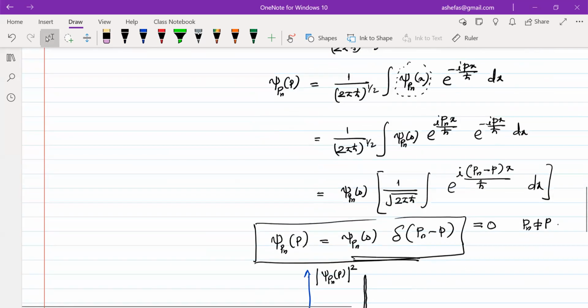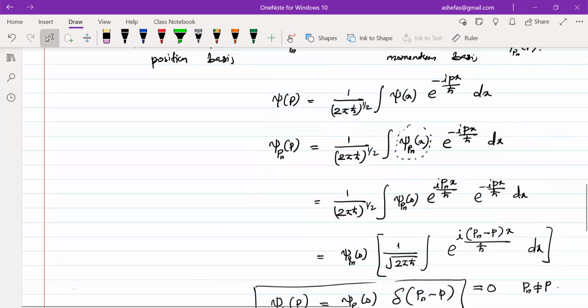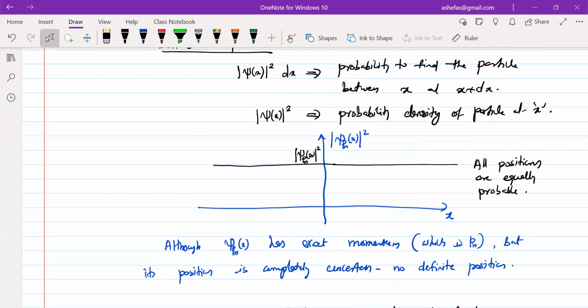The momentum eigenfunction has a definite momentum, but it cannot have a definite position. Its opposite can also be worked out: you can discuss the position eigenvector or position eigenfunction. This position eigenfunction will have a definite position, but its momentum would be completely uncertain.